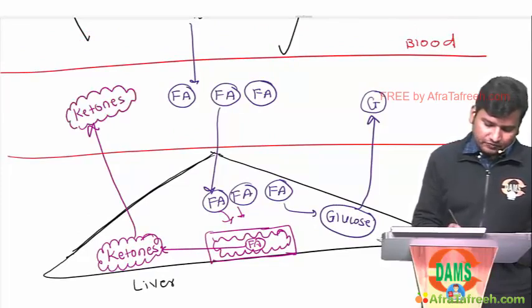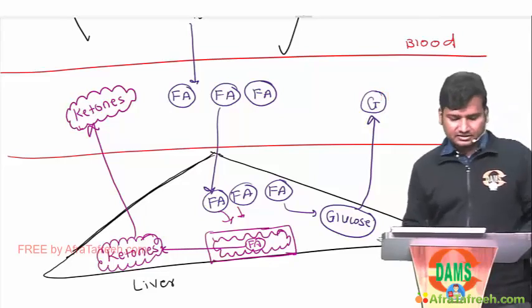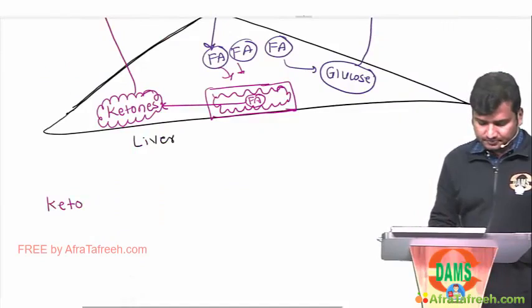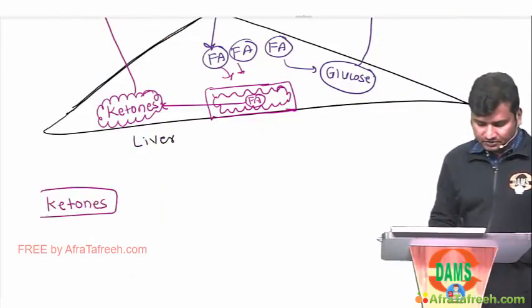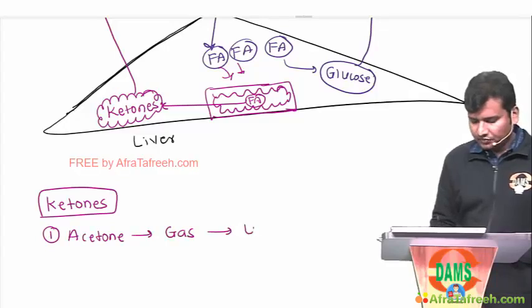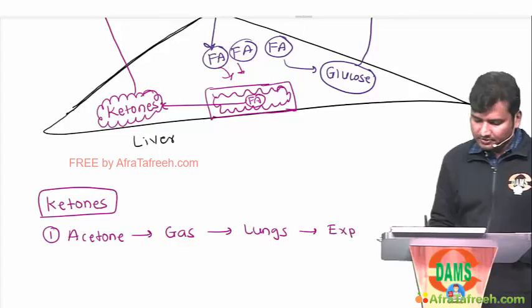Now, which ketones are synthesized? First, acetone. This acetone is a gas. It will go towards the lungs and it will be expired.